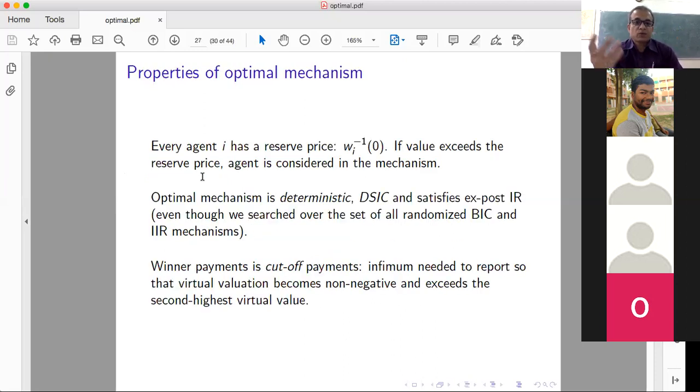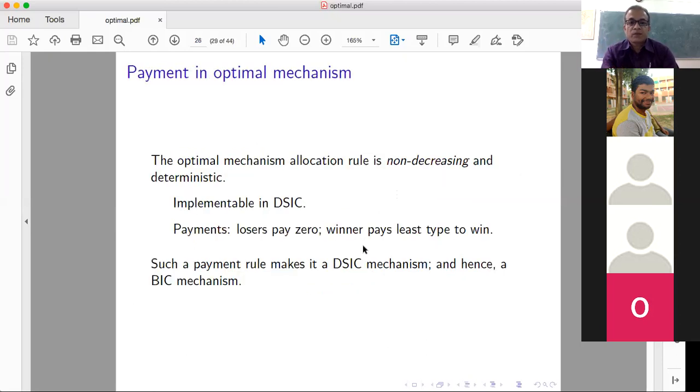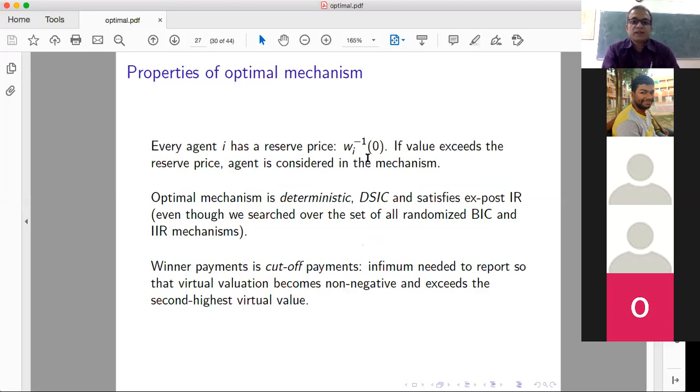So basically that's what we do. Once we determine this allocation rule to be optimal, we realize that this optimal allocation rule is actually non-decreasing, and hence we can devise a payment rule which will make it a DSIC mechanism, and we do exactly that. So every agent has a reserve price, phi_i inverse of 0. So that's the point at which this agent starts having non-negative virtual value.